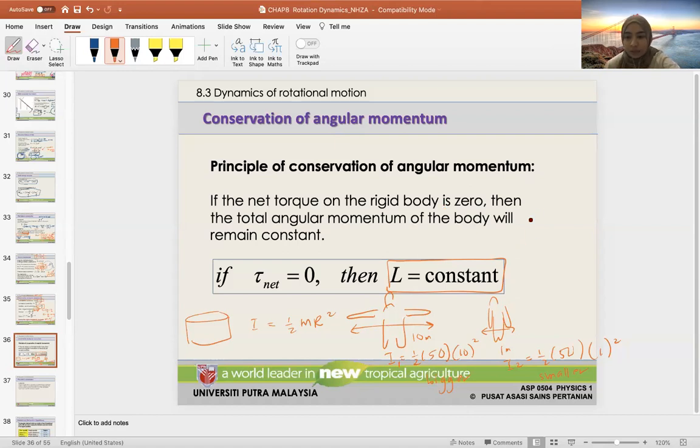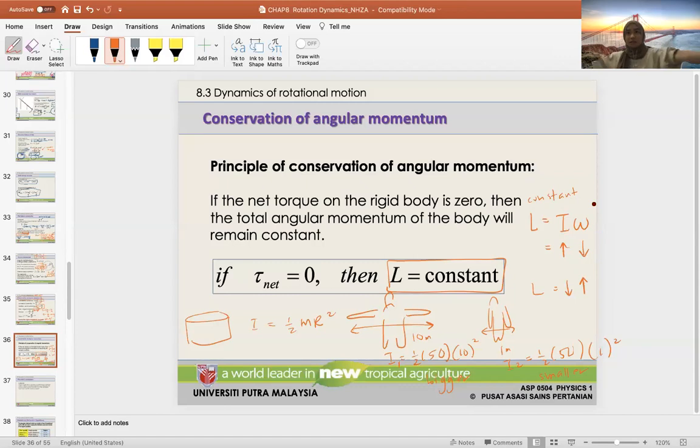Okay, so remember, L is a product of I and omega. Here your I changes. So if L is a constant, if I is bigger, your omega must be smaller. And if I is smaller, your omega must be bigger.